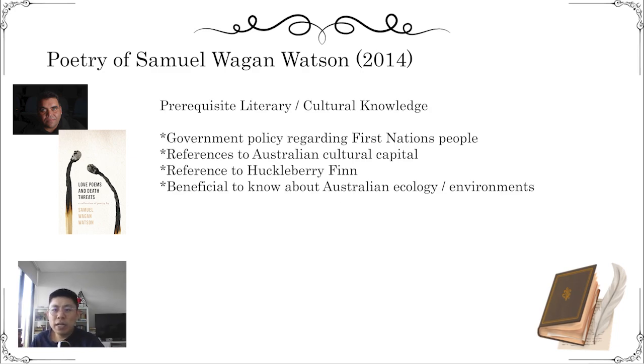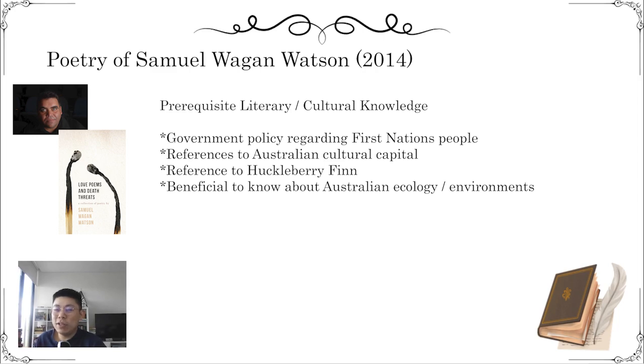For prior knowledge and language, some knowledge of national policy towards First Nation issues is good, and I think that's still part of the compulsory teaching in Year 9 and 10 history, so hopefully students who have listened well in those lessons will be aware of issues that Wagan Watson raises in these poems.